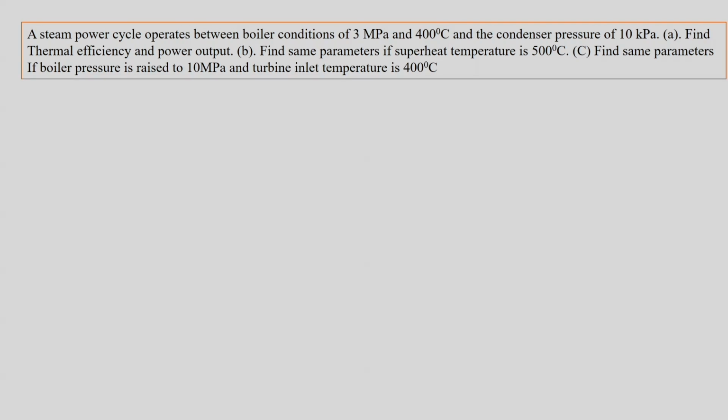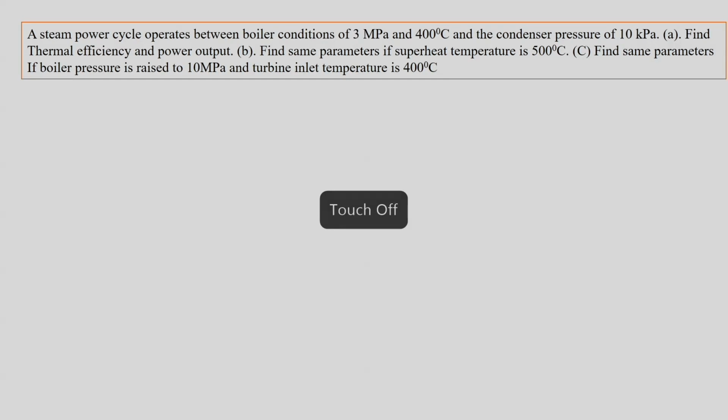Find the same parameters if superheat is 400 degrees Celsius. Find the same if the boiler pressure is raised to 10 megapascal and turbine inlet temperature is 400 degrees Celsius. So basically there are 3 examples in the same example.